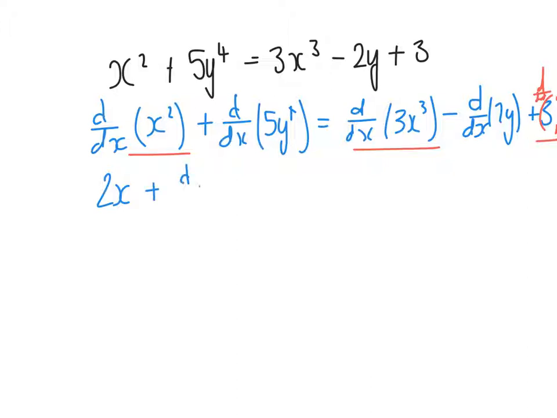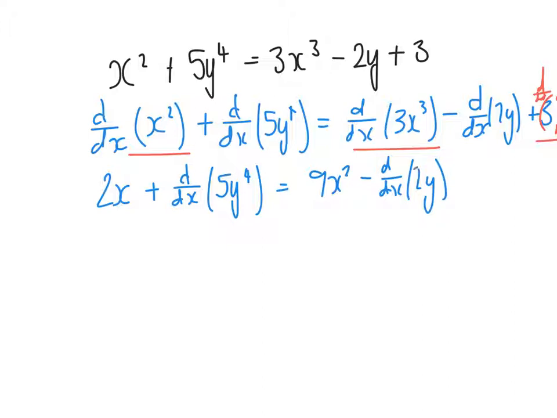This d by dx, which just means differentiate with respect to x, 5y to the 4. We've got 9x squared from our 3x cubed differentiated. This differentiate with respect to x to y, which again we don't know anything about yet, but we will figure some stuff out. And then our 3, when it differentiates, goes to 0.